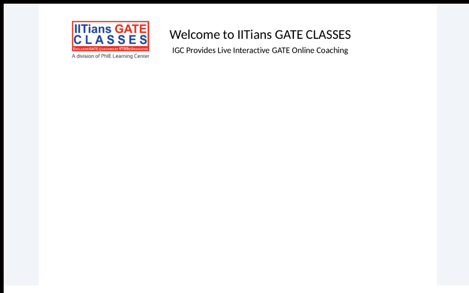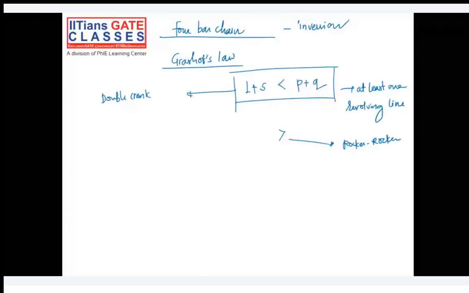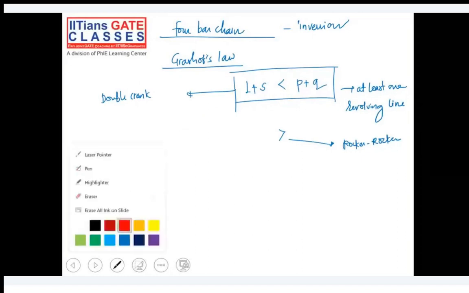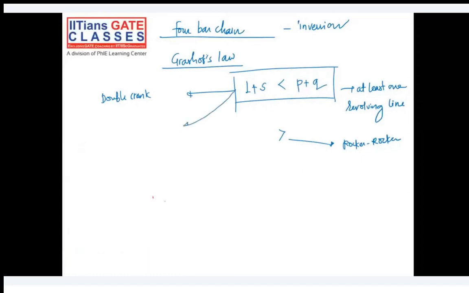So you have to identify it depending on which link you are fixing. You have different types: crank rocker and double rocker or rocker. Okay, so this is what we have studied.